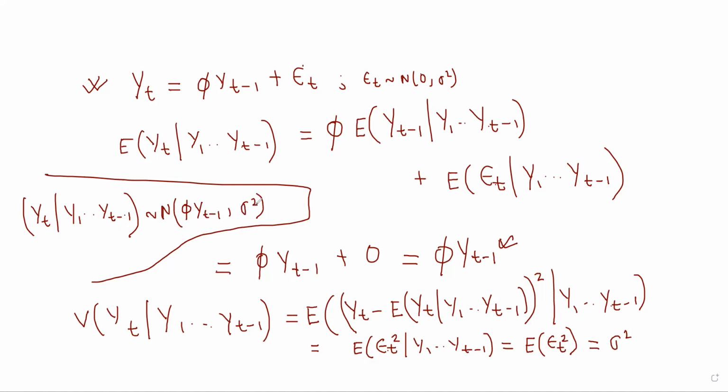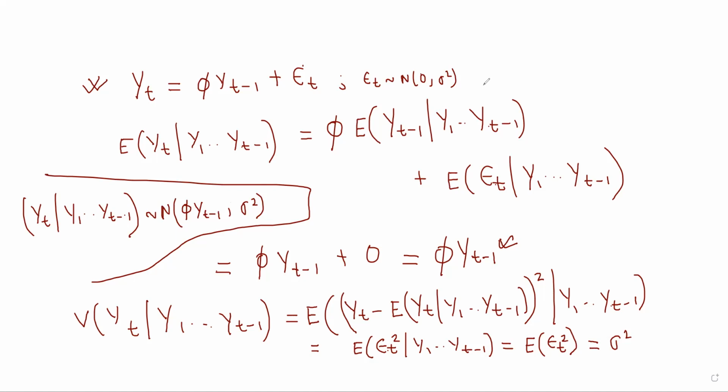Is it clear? Do all of you agree with this? Vaibhav, do you agree? Yes, sir. Since epsilon t is normal, your yt conditioned on y1 to yt minus 1 is also normal, and I've already found the mean and variance of it. Okay, fine. So now using this, we'll move ahead.